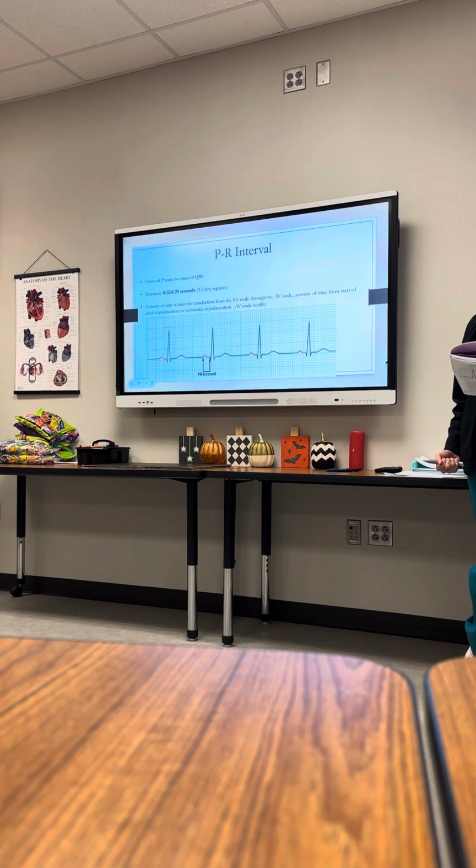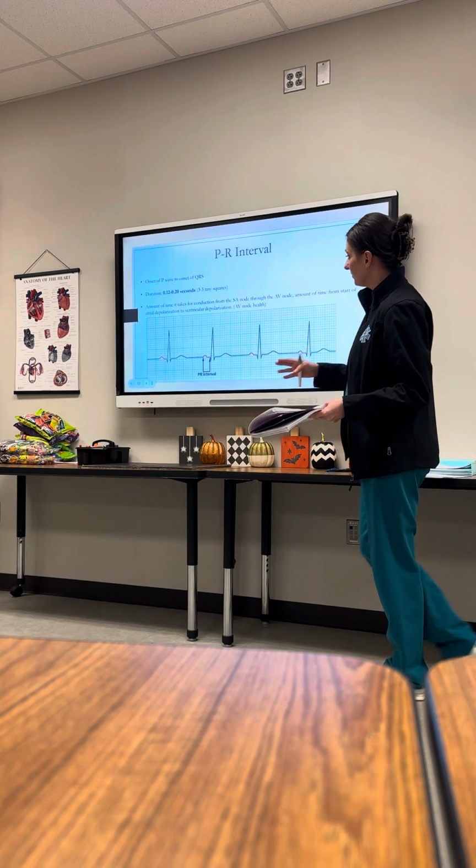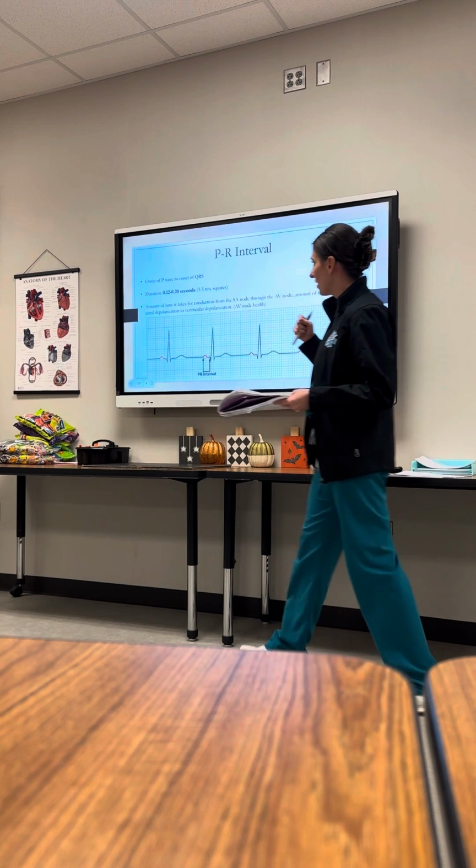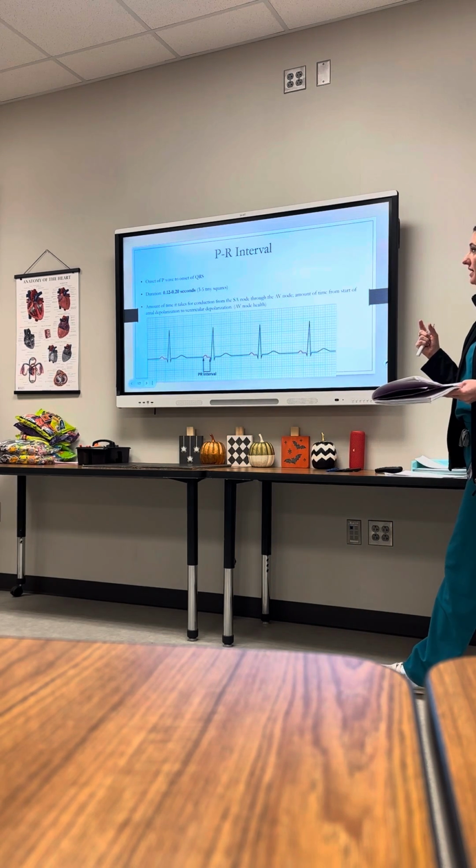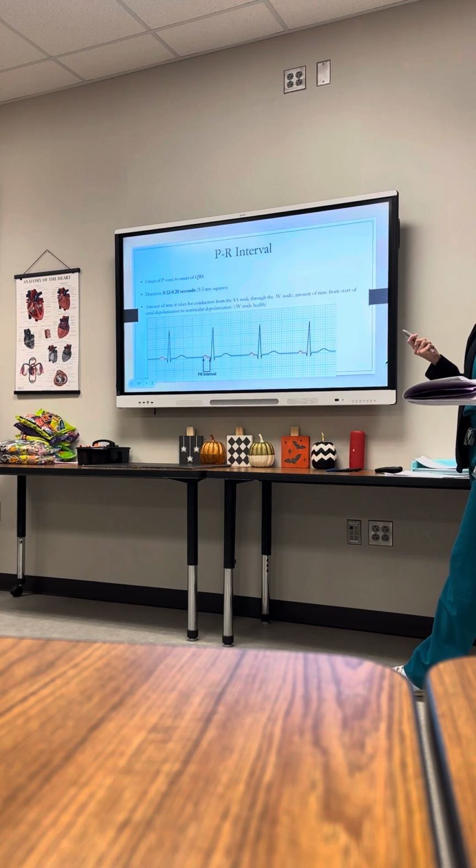So my PR interval is before the P wave until the start of the QRS. A normal duration for the PR interval is 0.12 to 0.20 seconds, or 3 to 5 tiny boxes.